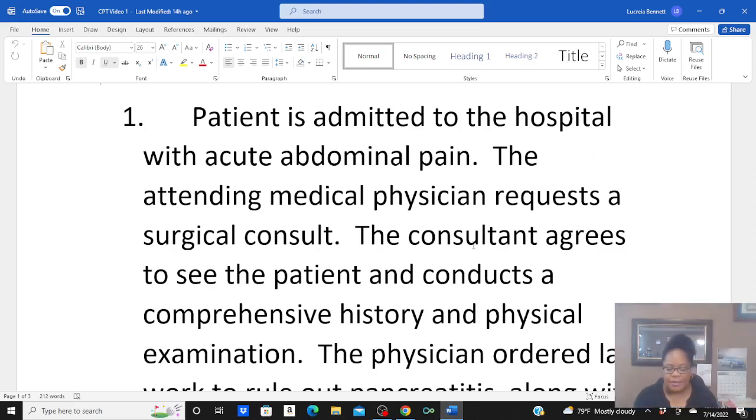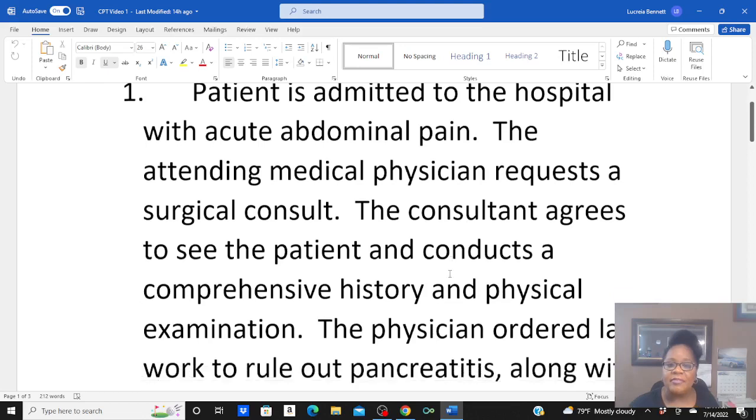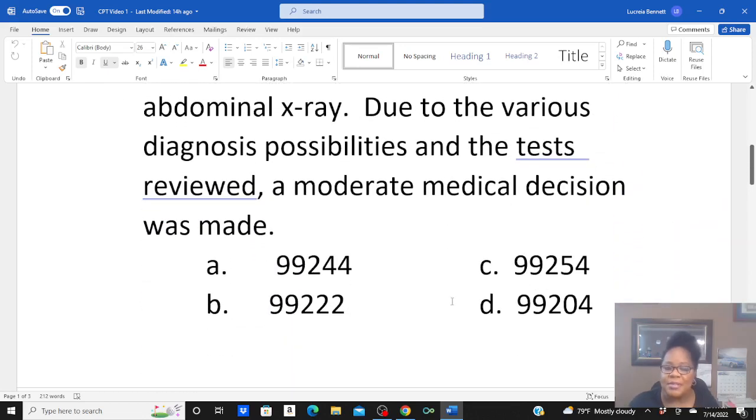Also, once you identify what a consultation is, it breaks down the difference between an outpatient consultation and an inpatient consultation. So in looking at this range of codes that the back of the book gave you, 241 through 255, you can automatically wean these two codes out.